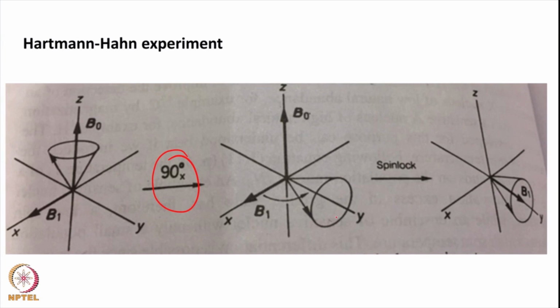Now we are locking it, applying a pulse so that it is locked in the xy plane, and by locking proton and carbon both in the same direction, we are maintaining the thermal contact between X and 13C, and that is the cause of the sensitivity enhancement. So that we can do easily in solids.